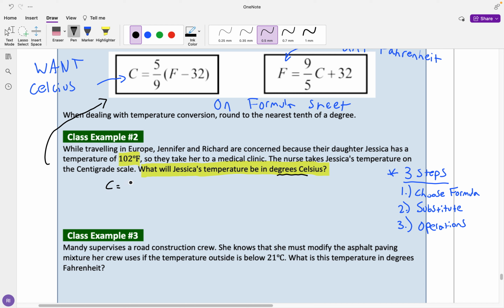Celsius equals, and then I substitute my value, 102 degrees Fahrenheit. 102 minus 32 is 70.